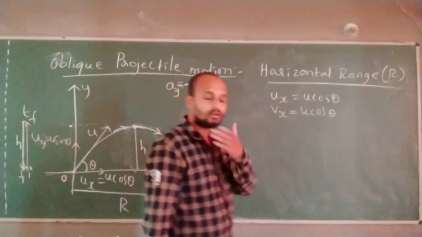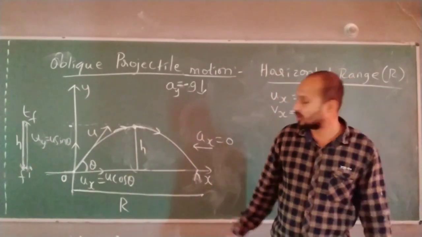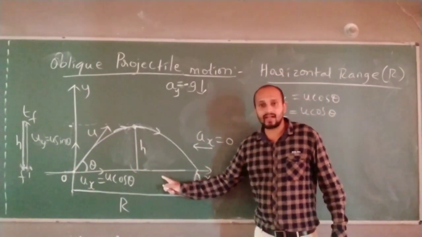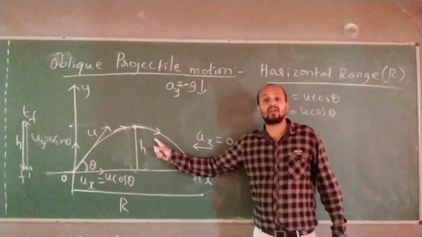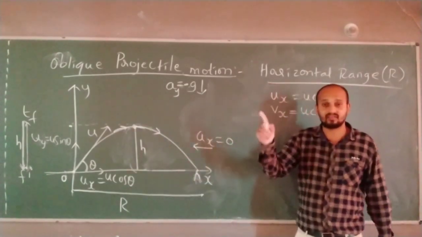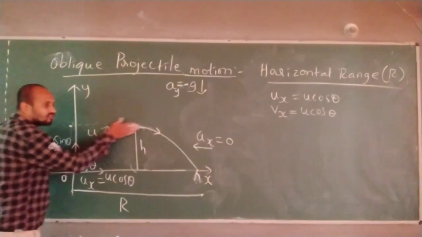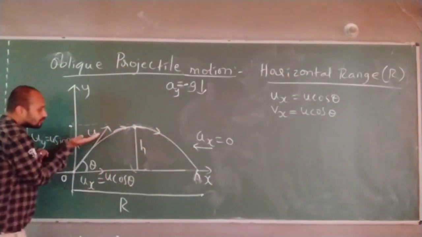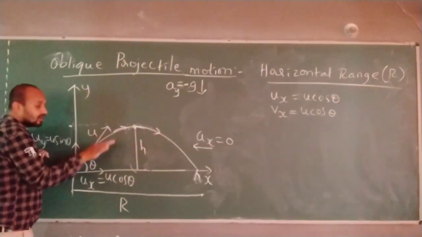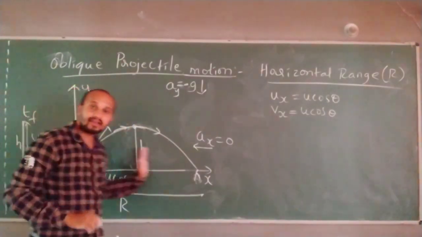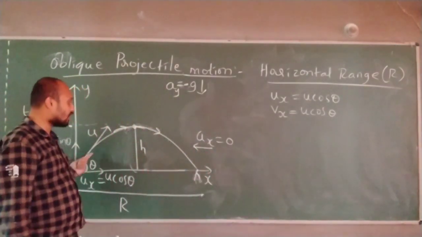The visualization is very simple. The object is moving like this because it has certain velocity upward and it has velocity along the x-axis. That is why the object is moving.